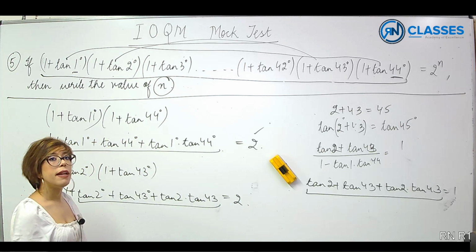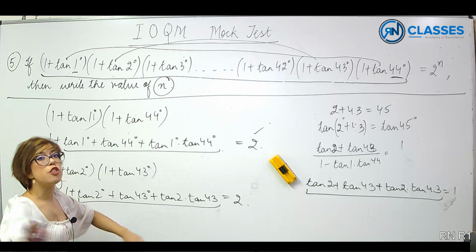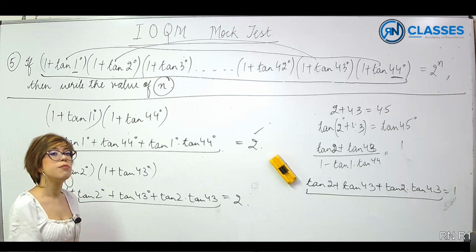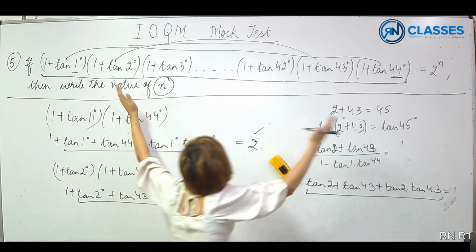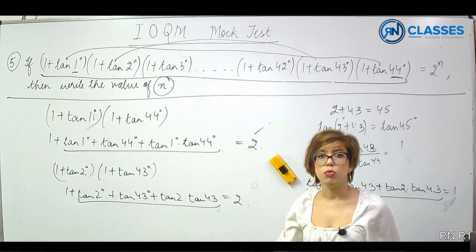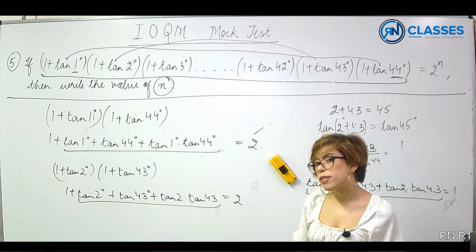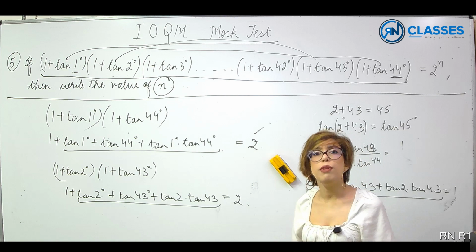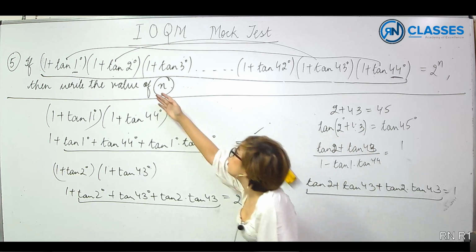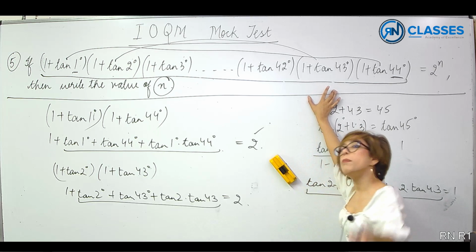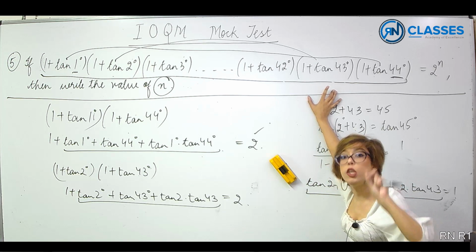Now I think we can see the pattern. First and last product is 2. Second and second last product is 2 again. Third and third last product is 2 again. That means when I pair it up, the product turns out to be 2. Now the question is, how many 2's are there? The number of 2's will depend on the number of pairs. How many pairs? Now I know in total 44 terms are there. So it will be 22 pairs.